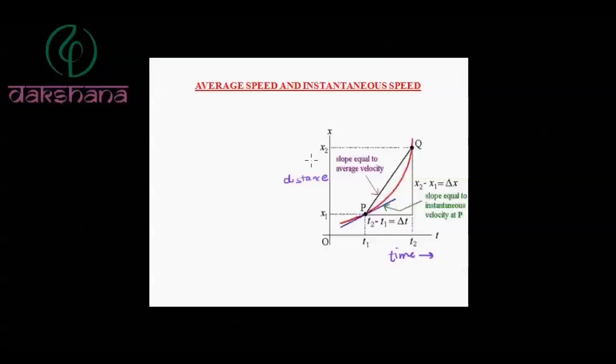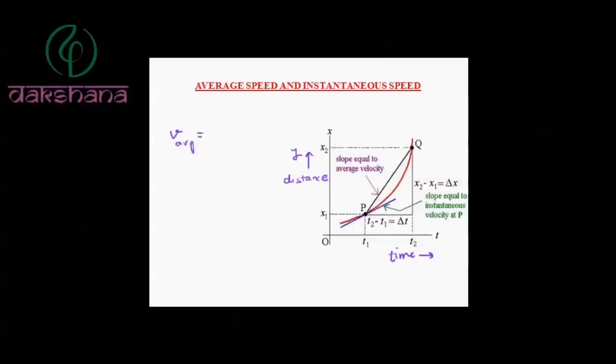Along the x axis we have the time, and along the y axis we have the distance in the x direction. Now we see the actual path traveled by a body is along this red curve, the initial position was p and the final position was q at time t2. So how have we defined the average velocity?